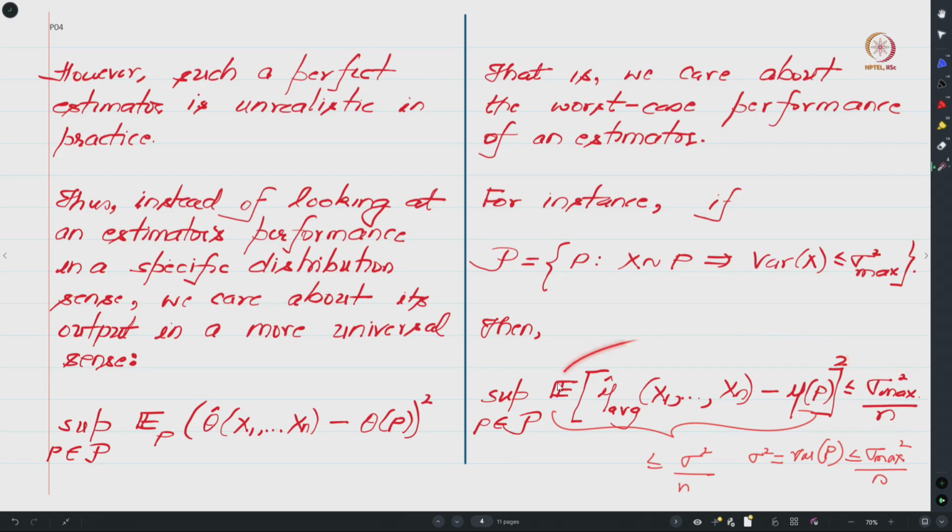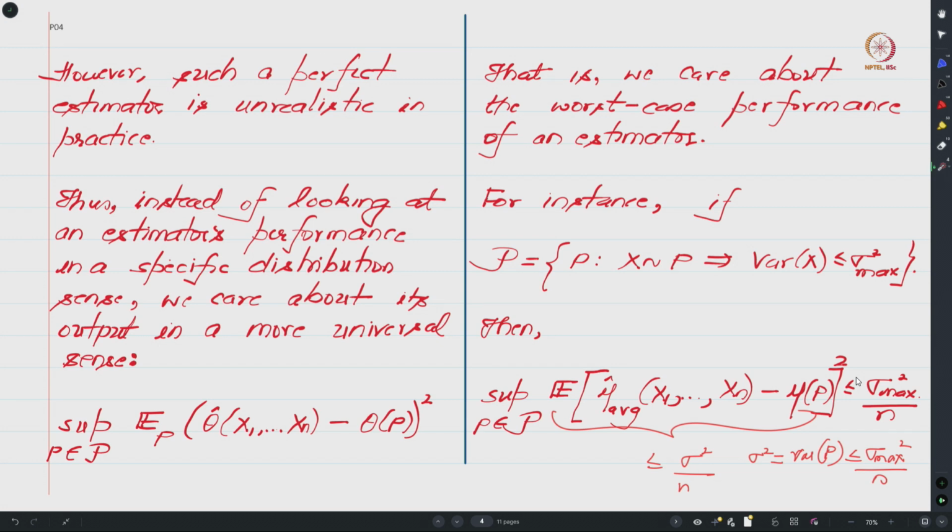Hence, if you take the supremum of this expression over all p in calligraphic P, it will still be upper bounded by sigma max square over n, which means that the worst case performance of your simple averaging estimator is sigma max square over n.